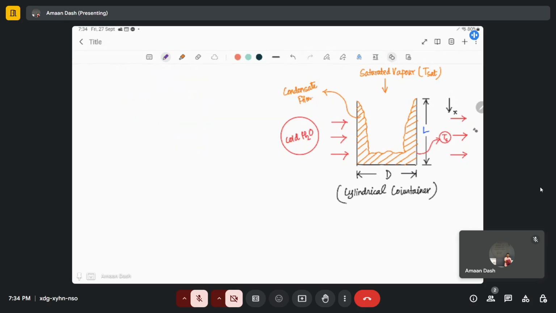Along the x direction only, we can say, let's say we have along this, we have g. Okay. So I'm writing it as a question, but I'll tell you how to do this. Okay. The length and diameter of the cylindrical container are L and D, that we already know. And the temperature of the wall is maintained at Ts due to this cold water. Okay.